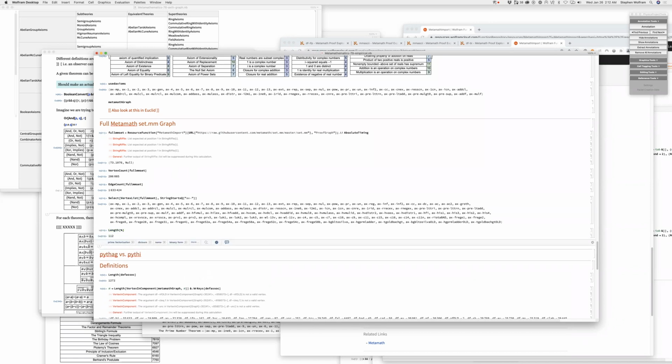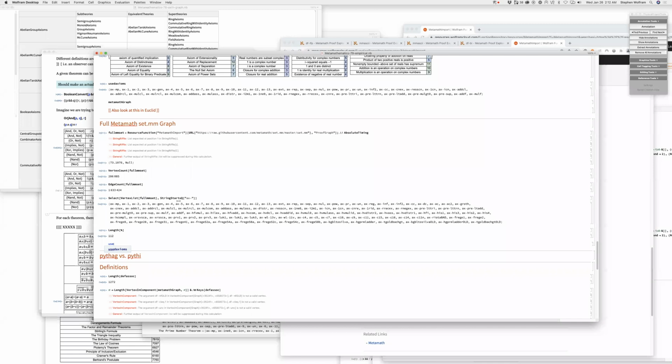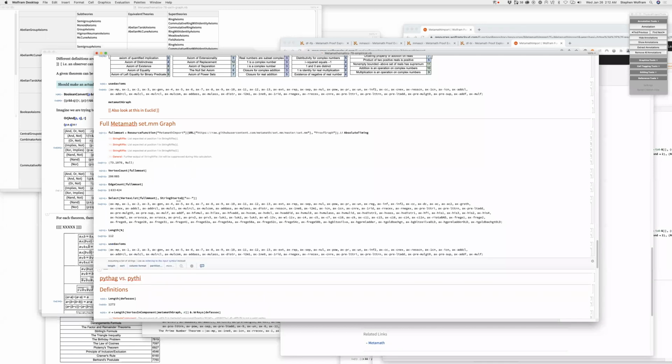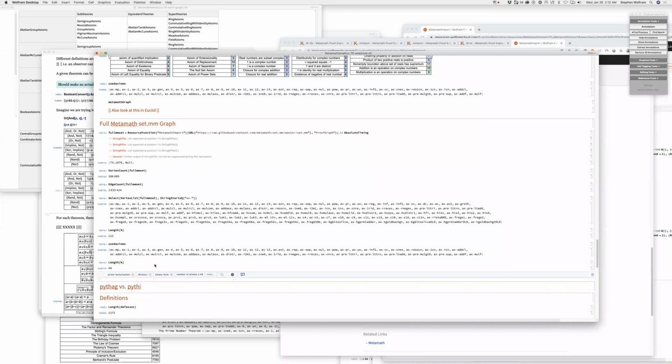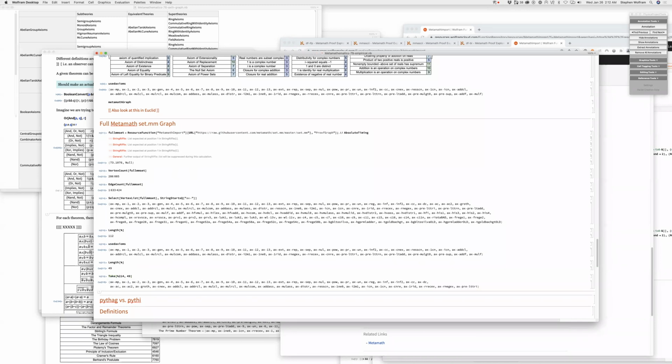I think this is very comparable to what we had before. So let's say used axioms, and let's say length of that, 49, let's say take from 214. They're not the same.